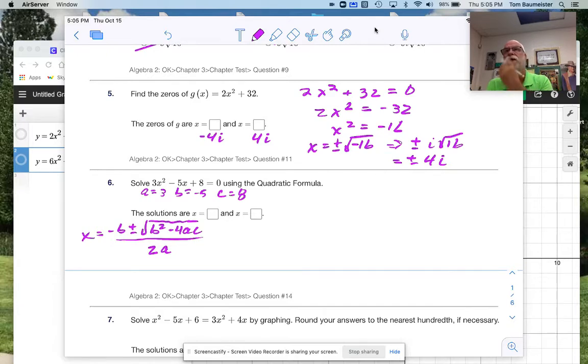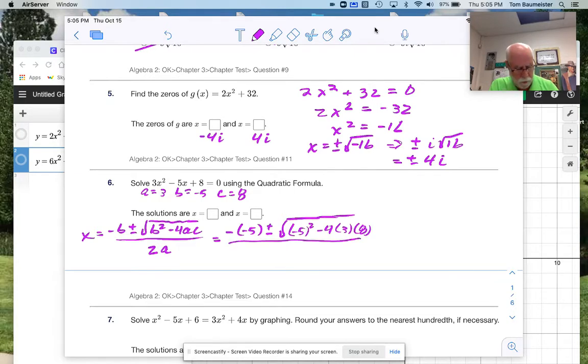Okay, so on this one here, again, I'm going to take the negative. My b was negative 5, plus or minus the square root of negative 5 squared minus 4 times 3 times 8, all of that over 2 times 3.